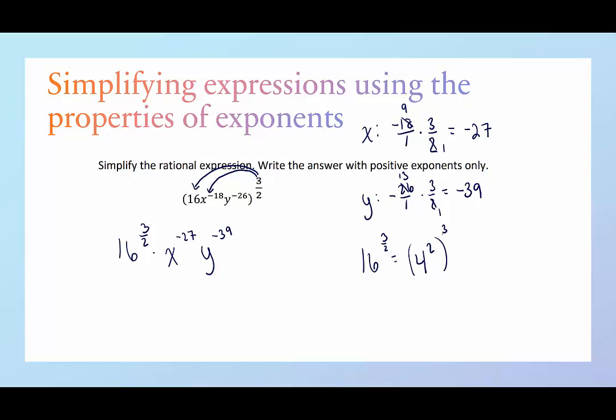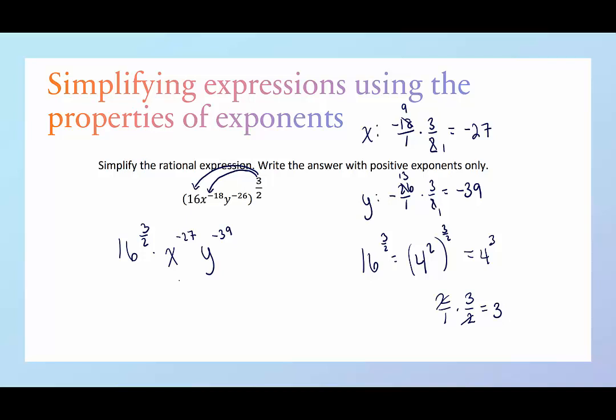And now, just like we did with x and y, we have power to a power. We want to multiply the exponents. So just looking at the exponents, we have 2, which we'll rewrite as 2 over 1, times 3 over 2. Well, those cancel, and we just get 3. Remember what the base is now. We rewrote it from 16 to 4, so it becomes 4 cubed.